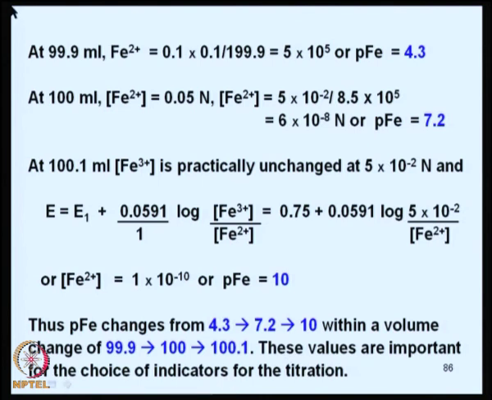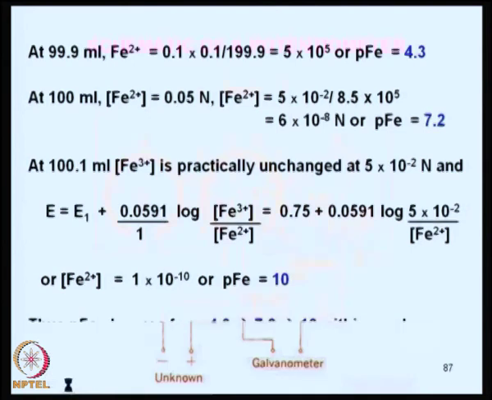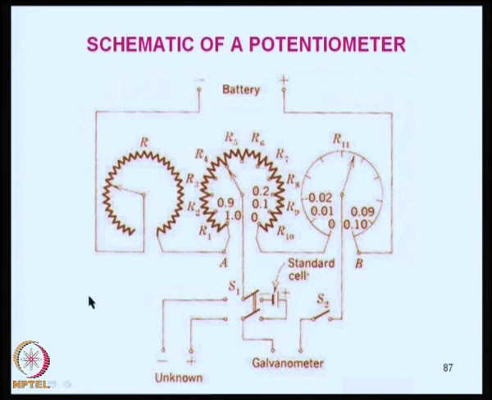So, these values are important for the choice of indicators. These values also indicate that the reaction can be very easily followed. How we follow such reactions, all redox reactions, complexation reactions, etc., we will discuss in the next class, that is with a potentiometer.